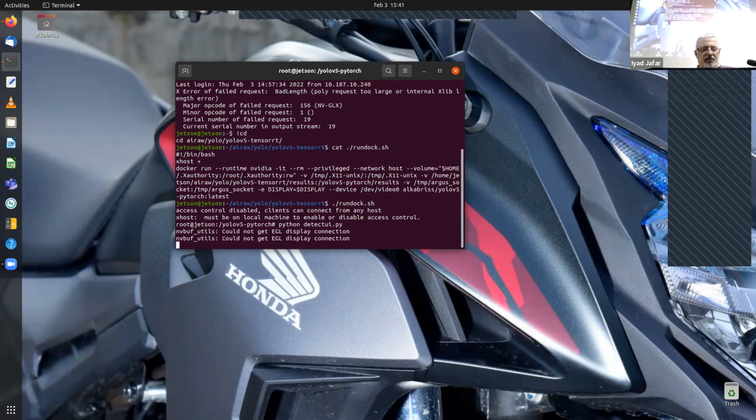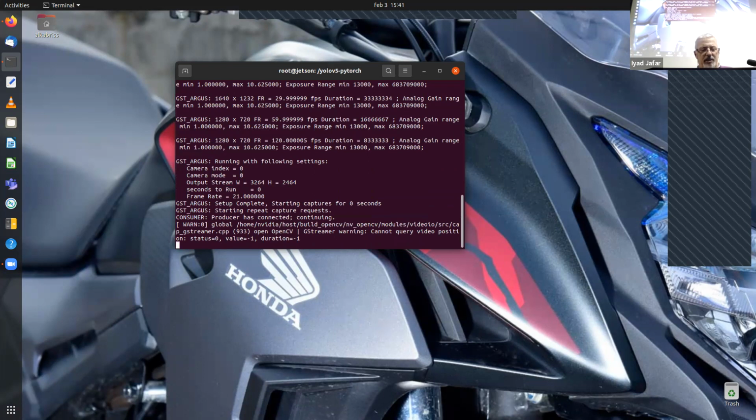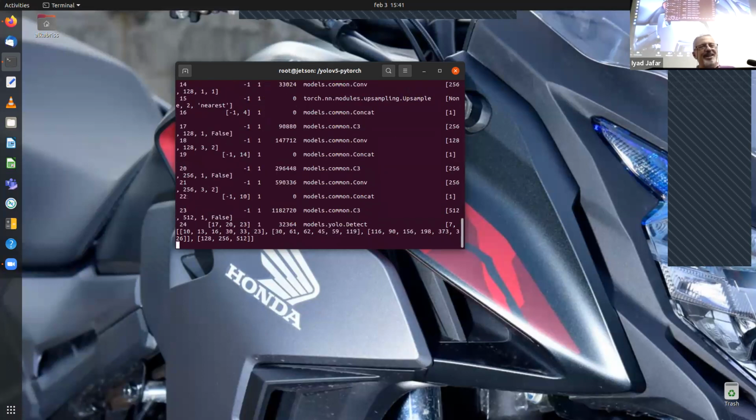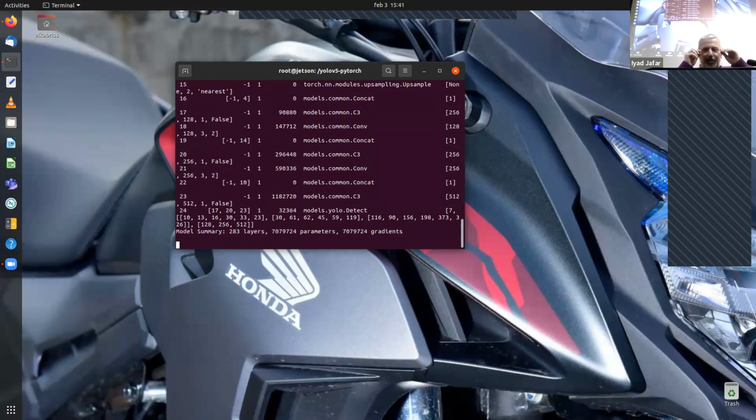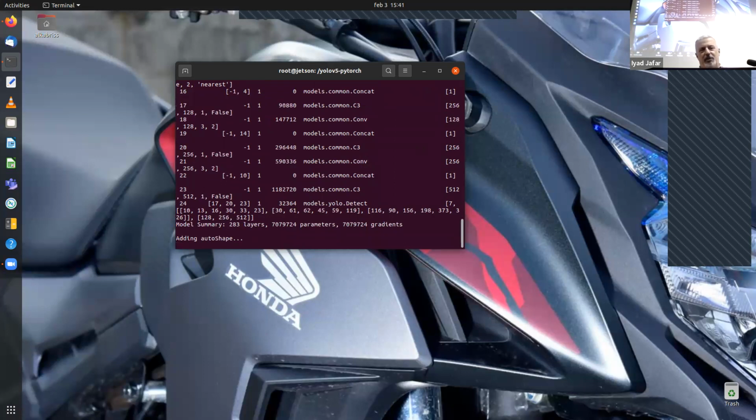But if everything works as expected, our camera works at a frame rate of 21 frames per second, whereas my tool can work in order of 2-3 frames per second.